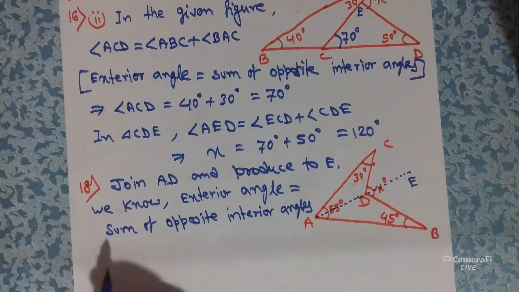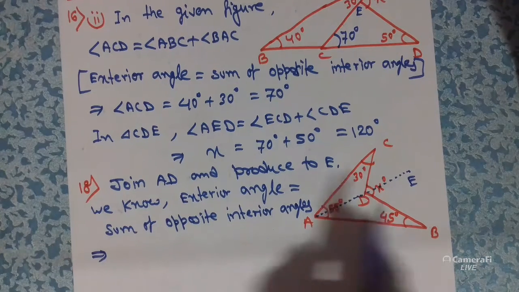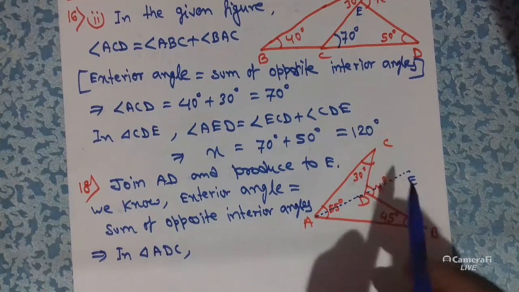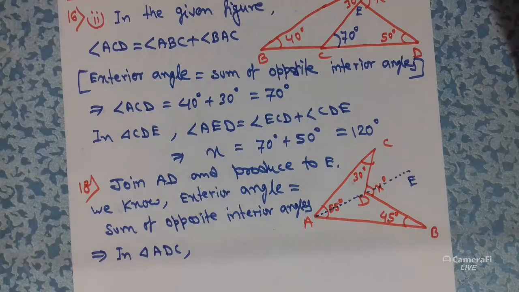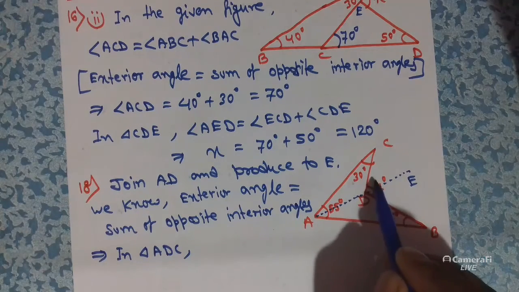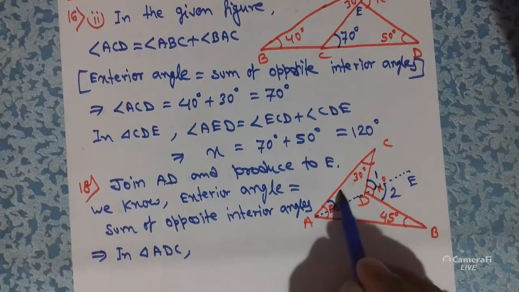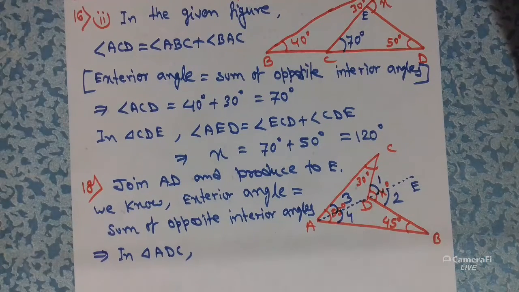So this implies, in triangle ADC, the exterior angle CDE. Here you can name this one angle 1, this one angle 2, this one angle 3 and this one angle 4.